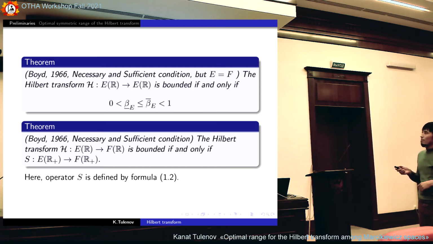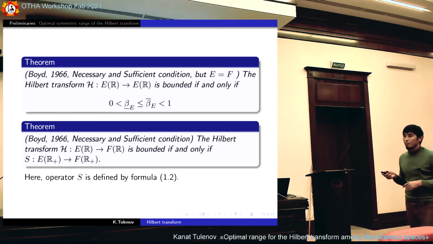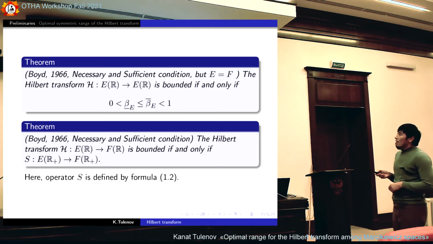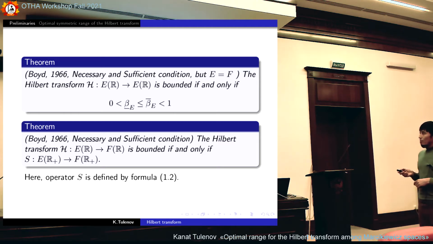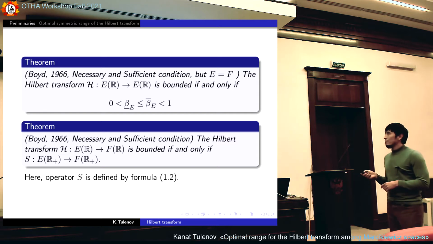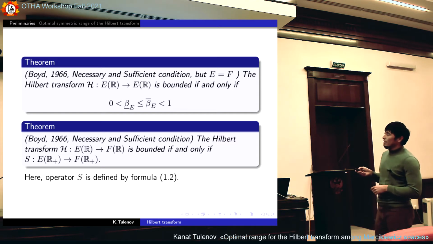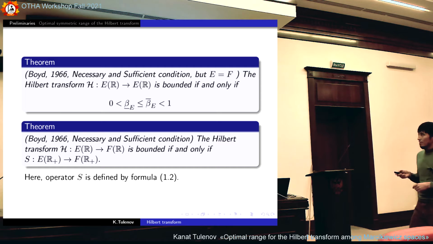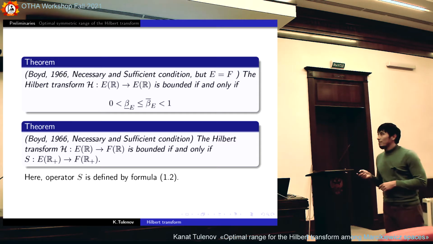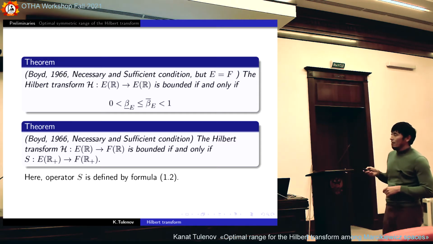In this case, the Boyd indices are called non-trivial Boyd indices. He also obtained the following result: the Hilbert transform H is bounded from E to F, where E and F are symmetric Banach function spaces, if and only if this Calderón operator is bounded from E to F.